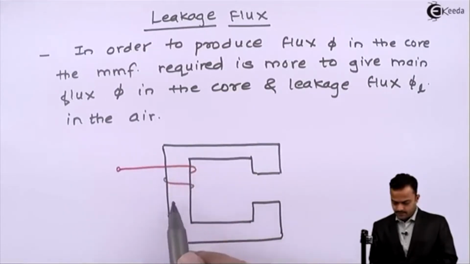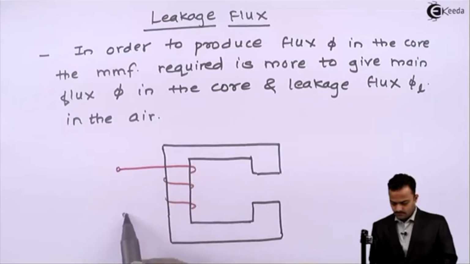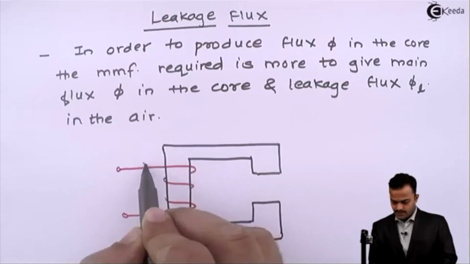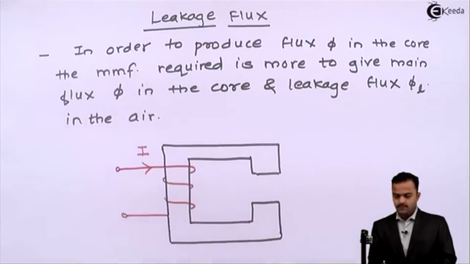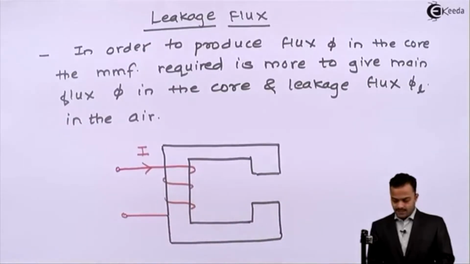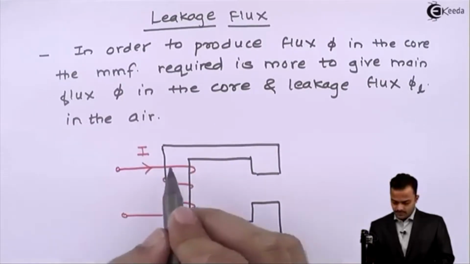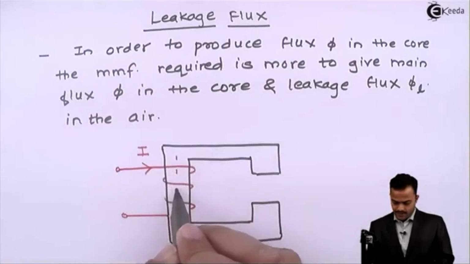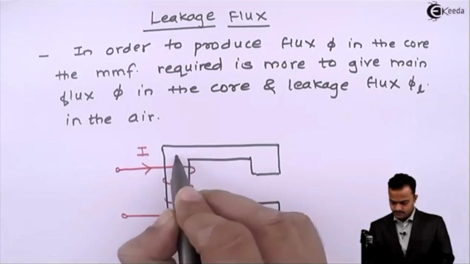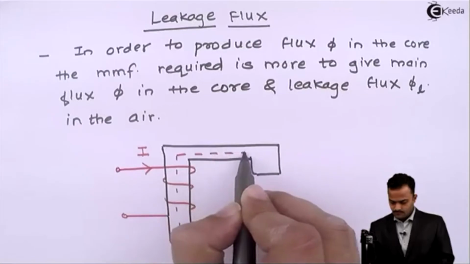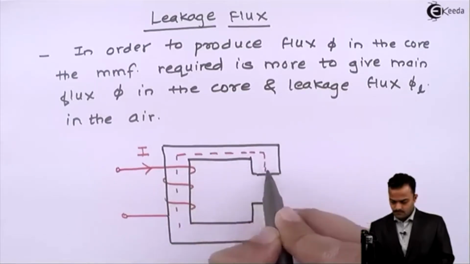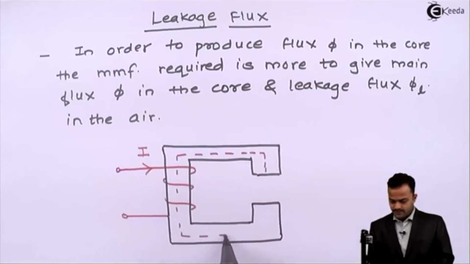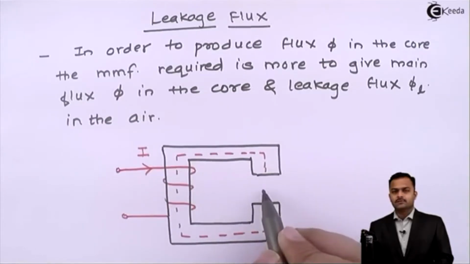These are the windings through which current is passing, and this current I gives rise to flux phi in the core. The same flux phi is flowing through this air also.